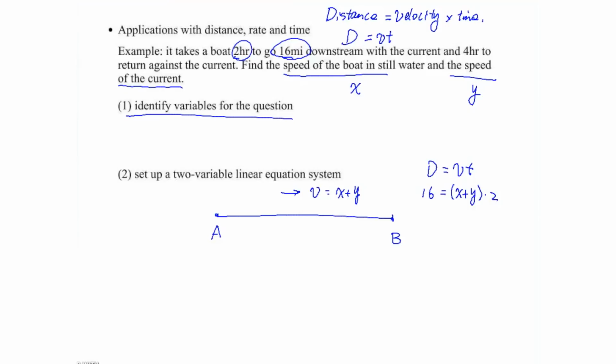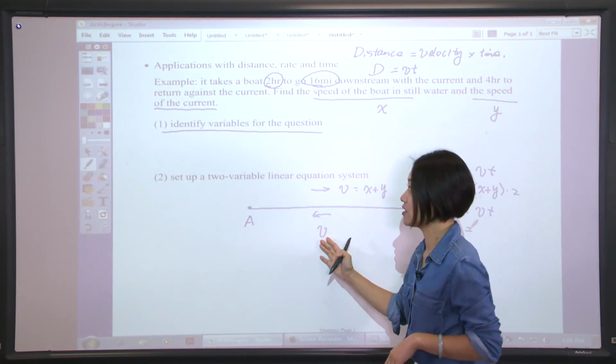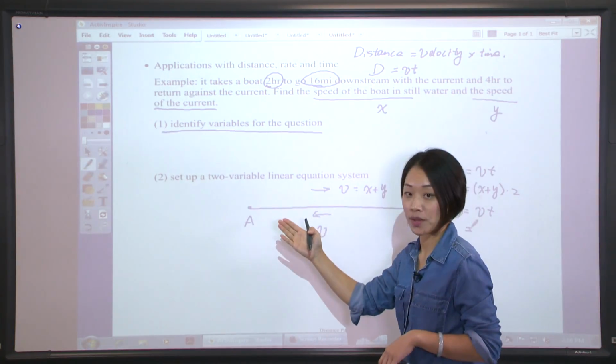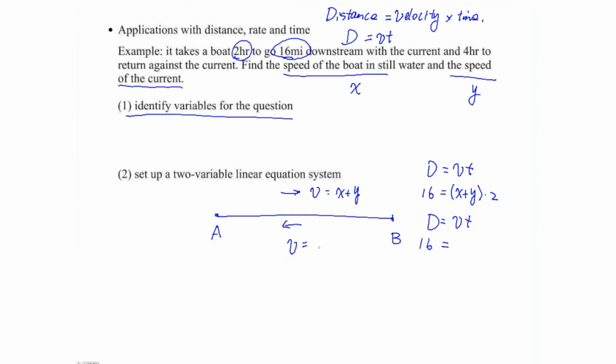Let's check the second one. When the boat returns, D would be the same, which is 16, but we will have a different velocity because this time it will be upstream. So the velocity is going to be x minus y because you travel against the current.